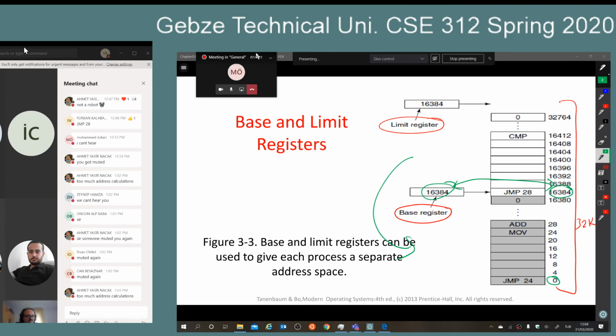Too much address calculation. Yeah, that's one problem. Whenever you make a memory reference, you have to do this addition. Addition is actually very expensive, in terms of hardware implementation. It is more expensive than comparison. Why?